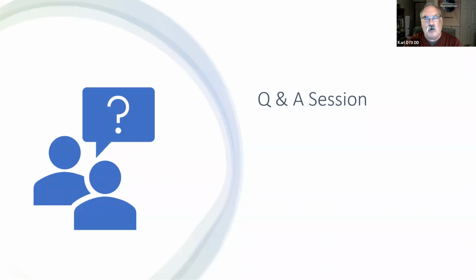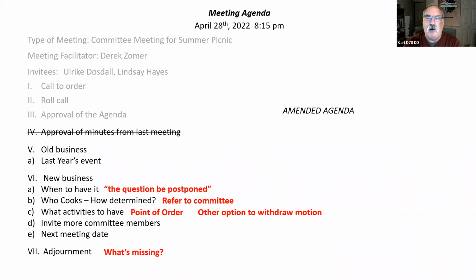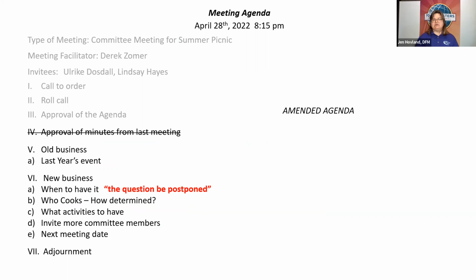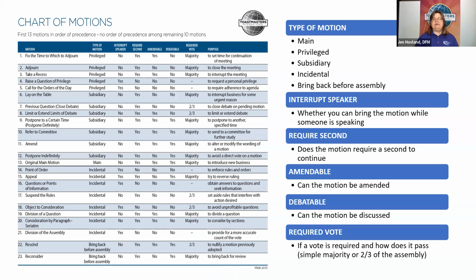Jen, I had heard once that if you have an approved agenda and you have completed all the items on your agenda, you don't necessarily need a motion to adjourn. Is that correct? Or have you heard anything about that? No, adjournment, if we go back to that chart of motions, let me get back to that page. Adjournment always needs to have a motion and a second.